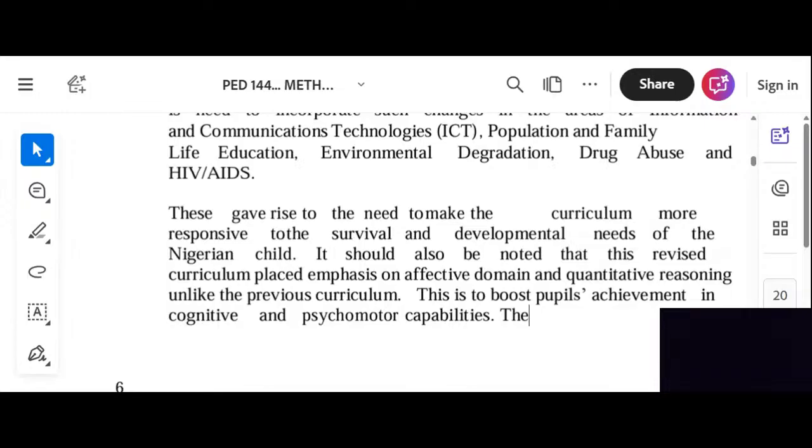And those are problem solving, critical thinking, even financial literacy, like handling money and making informed decisions, and so on and so forth. So now you can see that that part is also trying to talk about their developmental needs, which is, of course, helping them to develop in one way or the other.